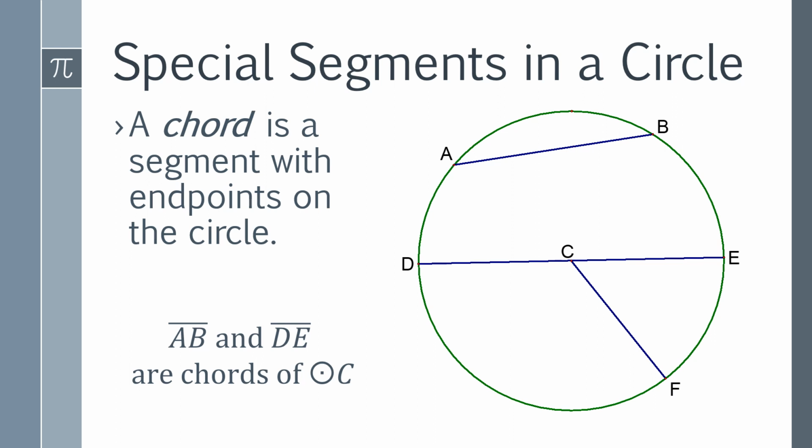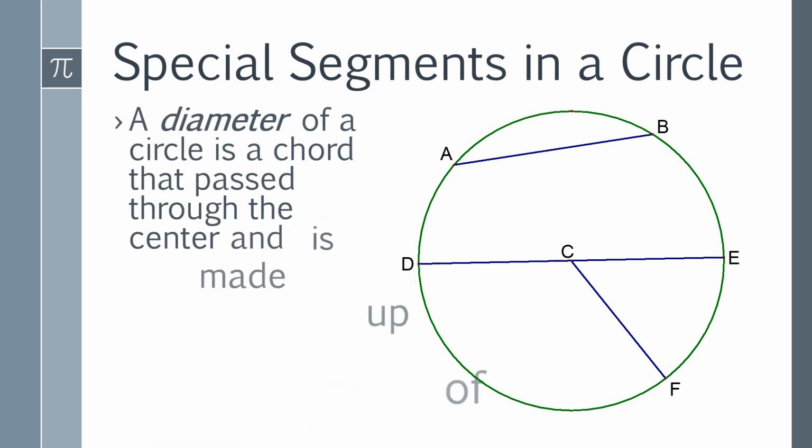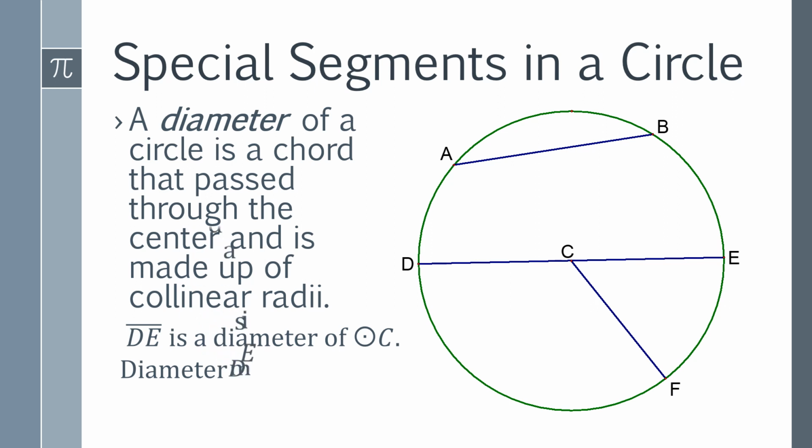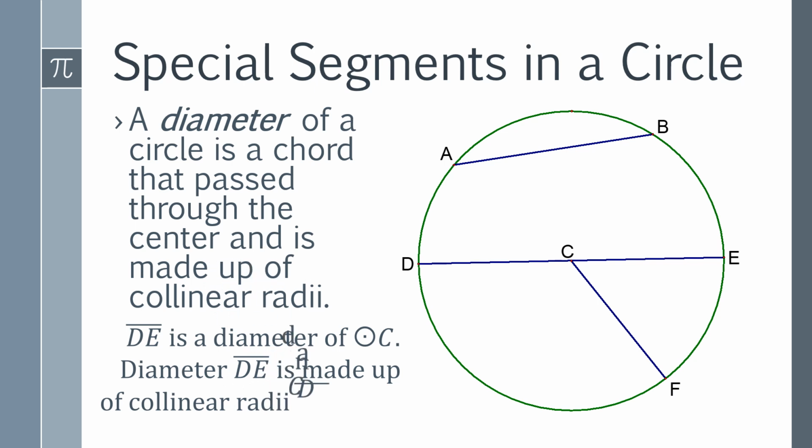So in this case, segment AB and segment DE are chords of circle C. A diameter of a circle is a chord that passes through the center and is made up of collinear radii.